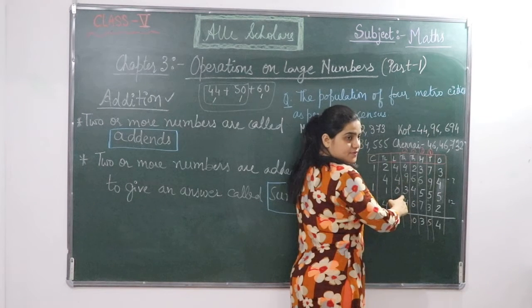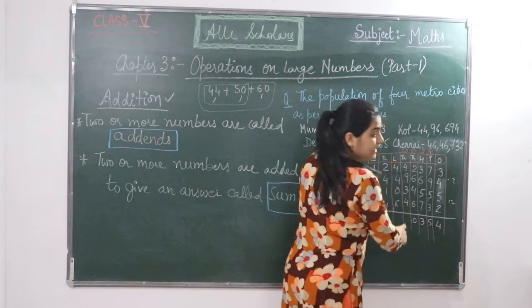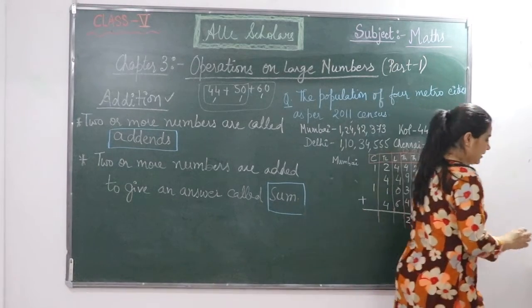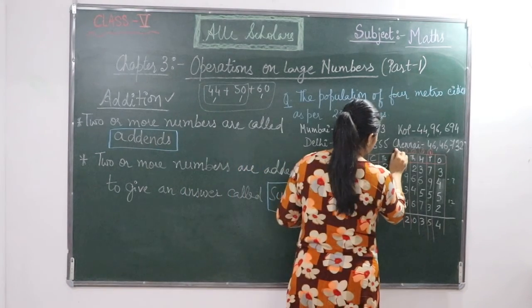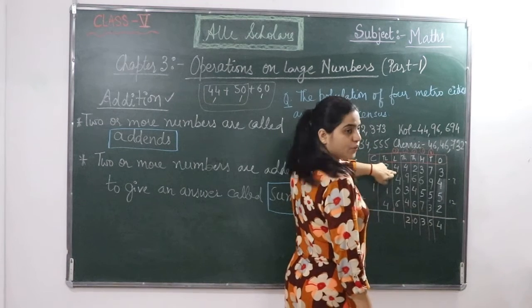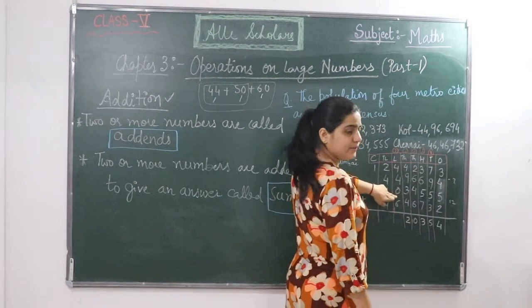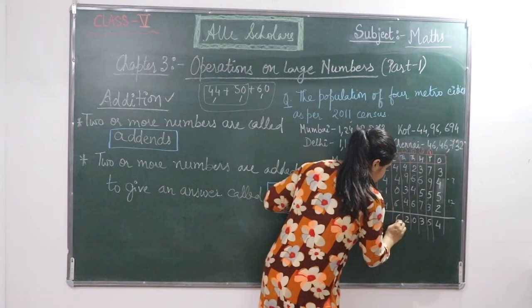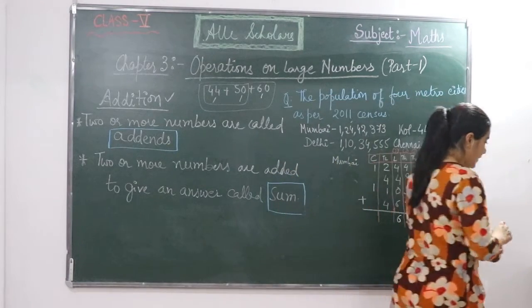15 and 3 gives 16. So here comes 6. And now what will go on carry? 1 will go on carry.